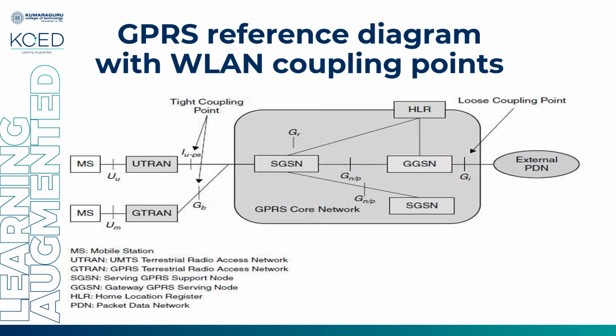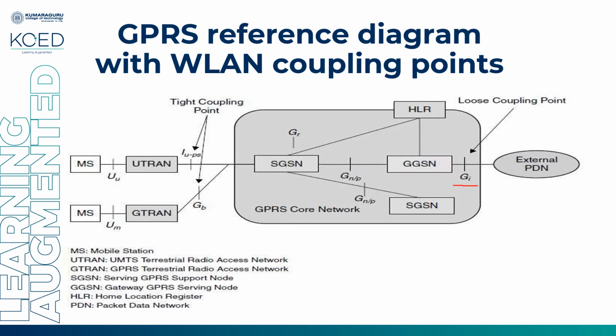You can see here the GPRS node and the serving gateway service node. So for any additional functionality in the loosely coupled case, you can introduce a gateway at this particular point.